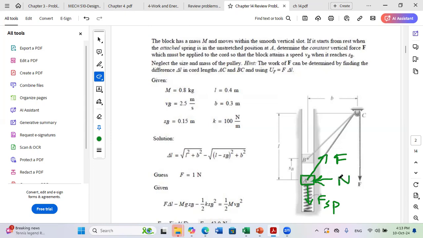Can you tell me why I considered the normal from this side and not from this one? Do I have a displacement in X direction for my block? My block is moving vertically, so no motion along the horizontal.